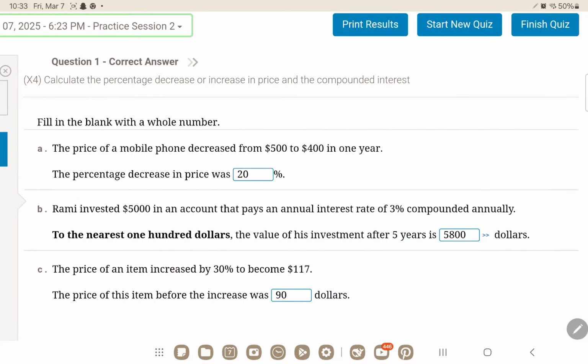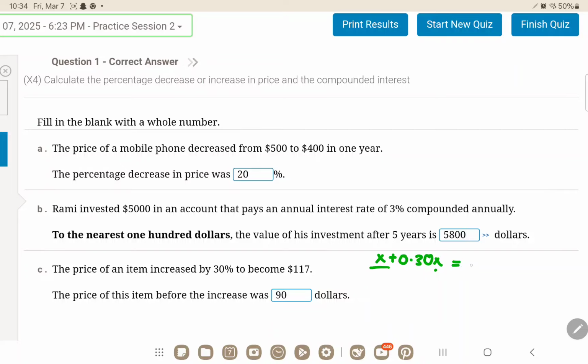Now, the last part. It says that if the price of an item increased by 30% to become 117, the price before the increase was, so you had to increase x plus 0.30x. X is the price. You had to increase 0.30 of the price to become 117.